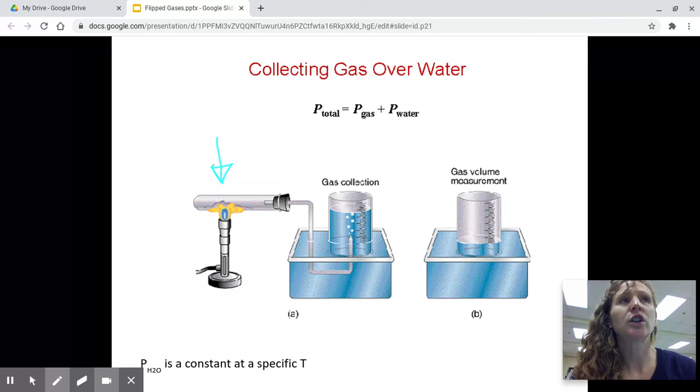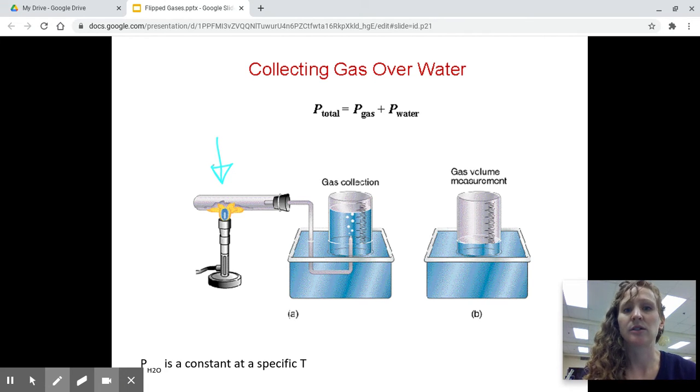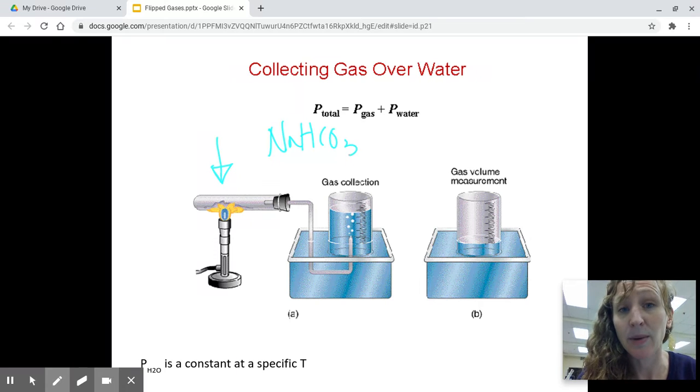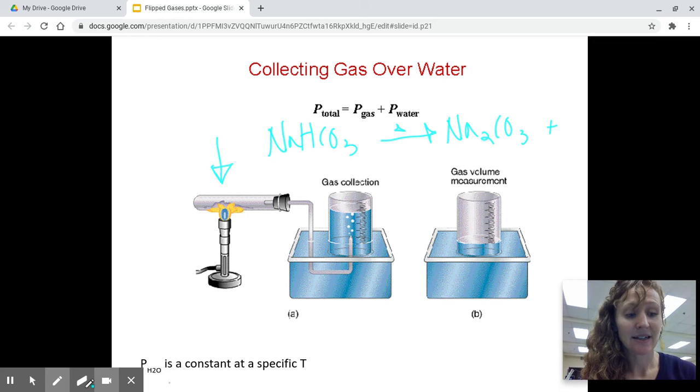So a really good reaction to use for this would involve something like baking soda. So if you take baking soda, which is sodium bicarbonate, NaHCO3, and you heat sodium bicarbonate, what you produce is sodium carbonate and gas.